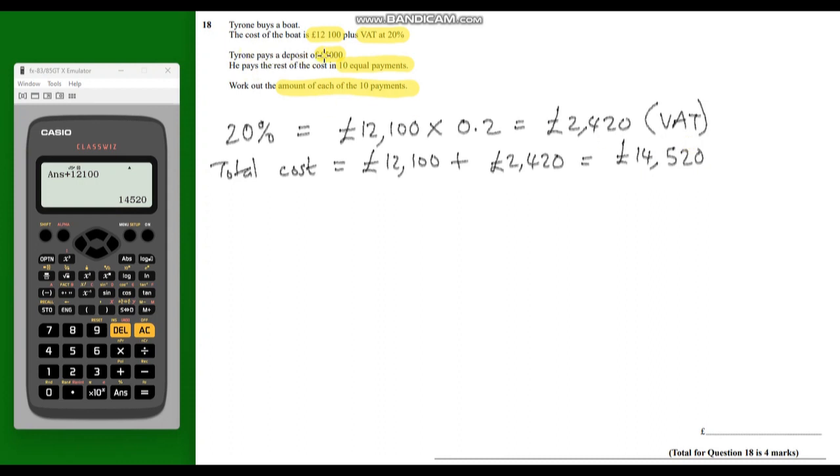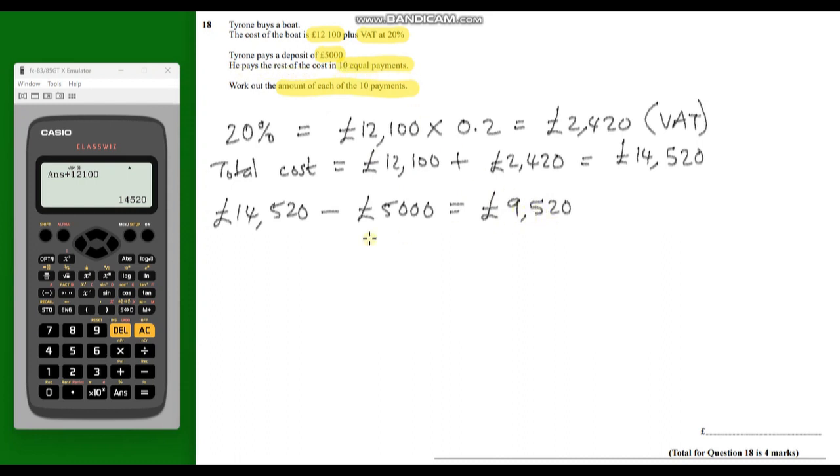Now he puts down a deposit of £5,000. So we can subtract 5,000 from this. 14,520 minus 5,000 is going to give us £9,520. So he's already paid 5,000. This is how much he's got left to pay, and it says he pays the rest in 10 equal payments.